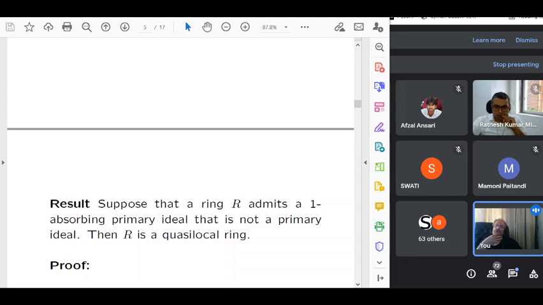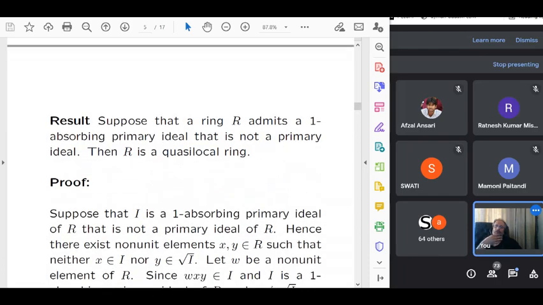Okay, so the question after that: what if your ring is quasi-local? That's a very good question. How do I construct one absorbing primary ideals that are not primary? Because I'm telling you that one absorbing primary ideals do not need to be primary if the ring is quasi-local.